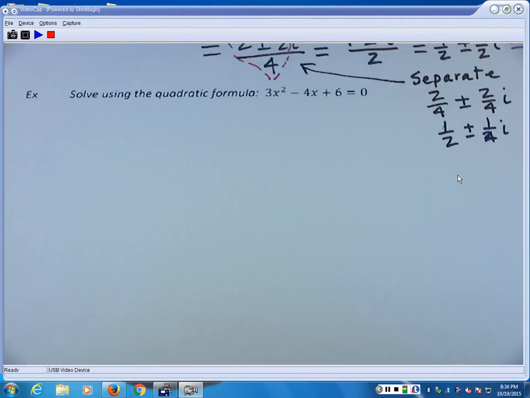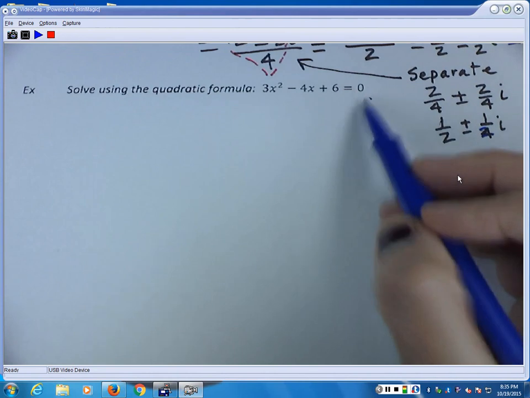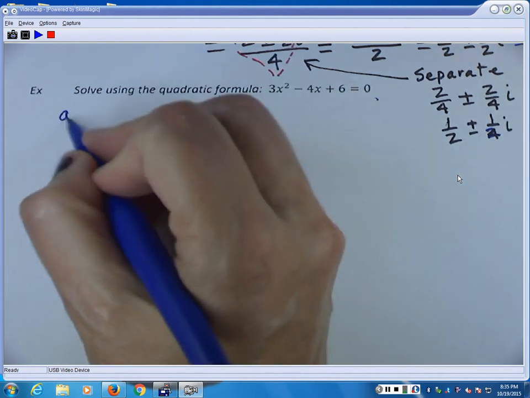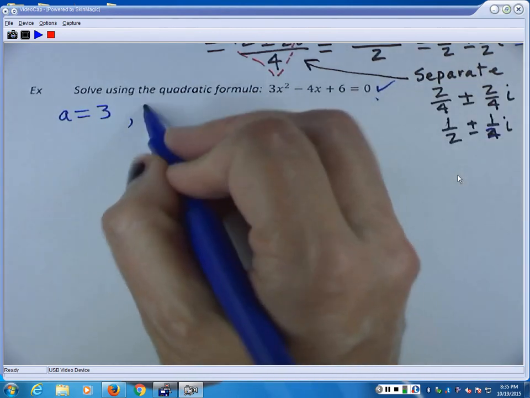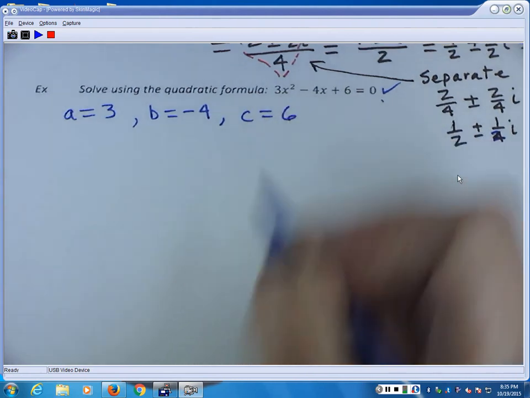Now we're going to solve it using this one. These are already set to 0, but on your worksheet, you have to do 2 quadratic equations, and the second one's not set to 0, so you have to set it to 0 first. So a equals 3, because it's already set to 0, b equals -4, and c equals 6.